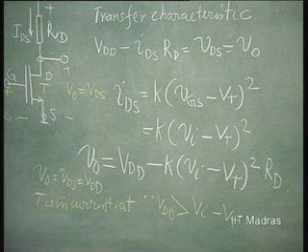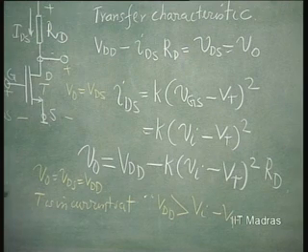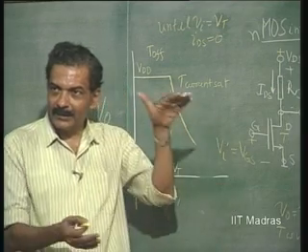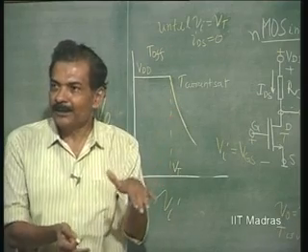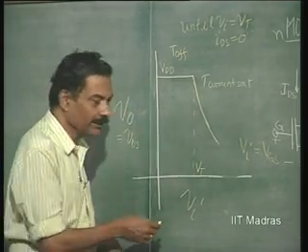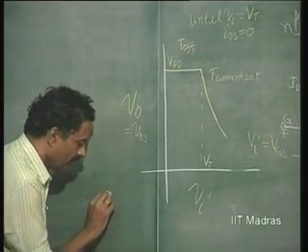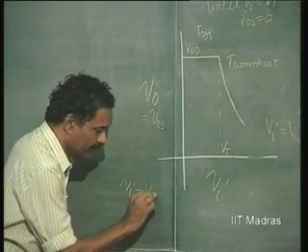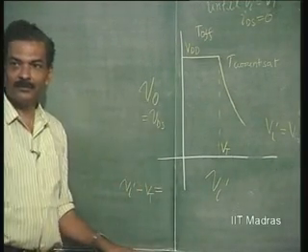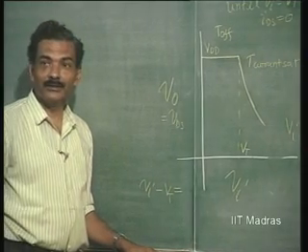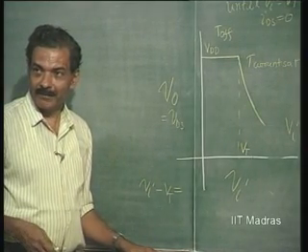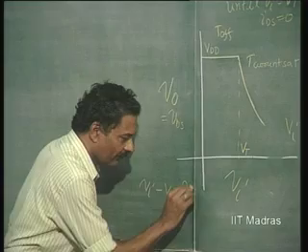Now VDS is decreasing, not only that, Vi is increasing. So, there must be some point at which Vi minus Vt becomes equal to VDS, or V0.